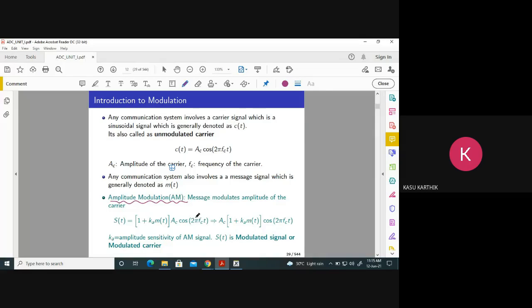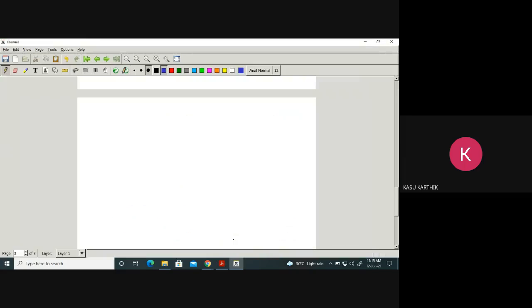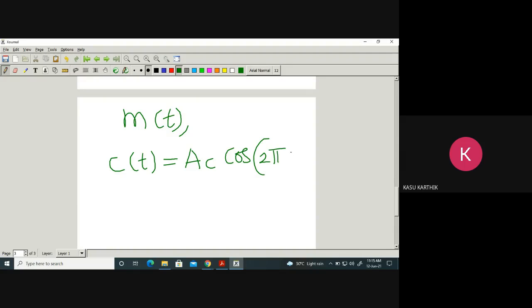Okay, here message modulates the amplitude of the carrier. So the definition of AM means our message signal is modulating amplitude of the carrier. Okay, now let us take M of t is a message signal, and C of t is a carrier, which is typically AC cos 2 pi fct. Correct?